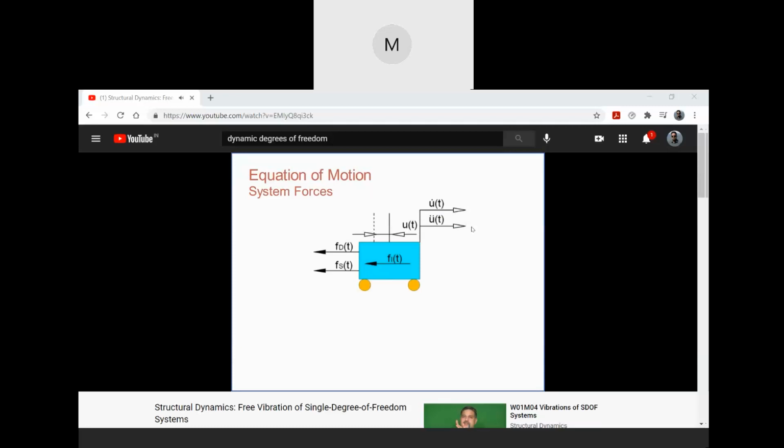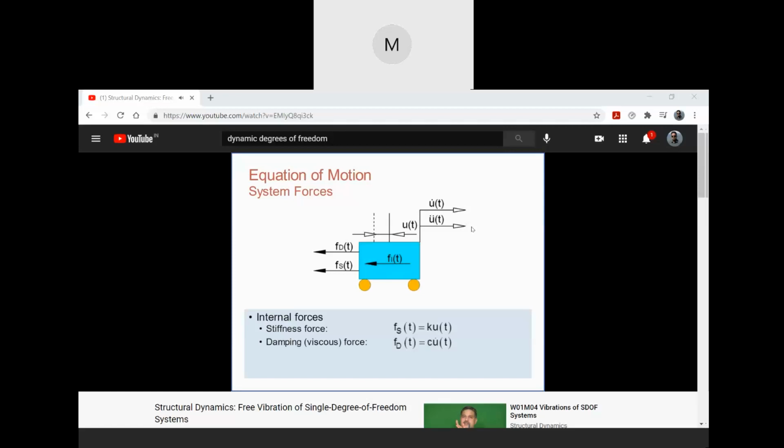There are two types of forces: the internal forces and the external forces. The first internal force is the stiffness force, denoted as Fs, which is caused by the elongation of the spring and is equal to the product of the stiffness constant K times the displacement U. This force has an opposite direction to the displacement.